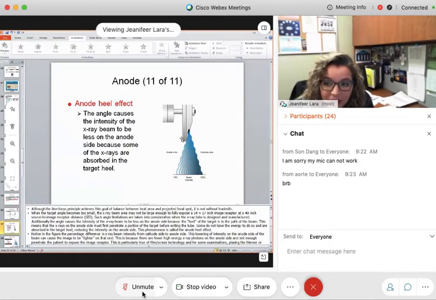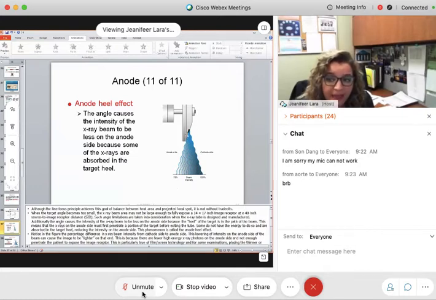This section is not only absorbing or dissipating the heat, it is now absorbing the intensity of our X-rays.